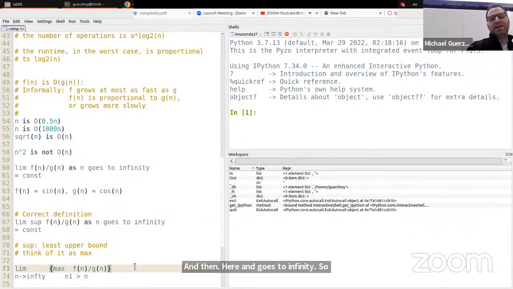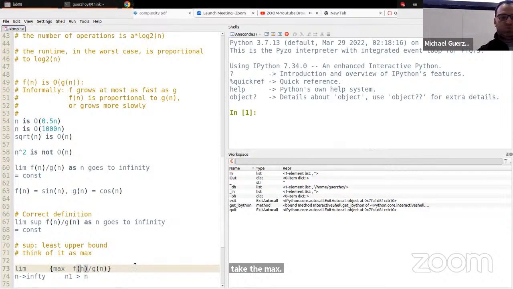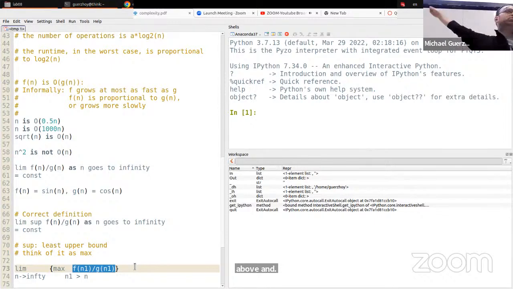So the idea is you take the max of this ratio above n1, and then you keep advancing where you start taking the max.